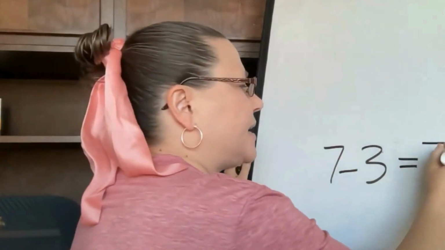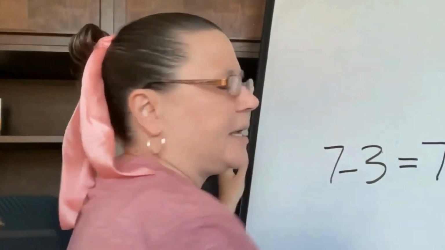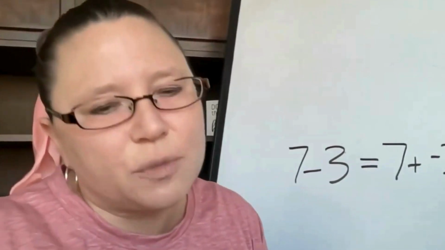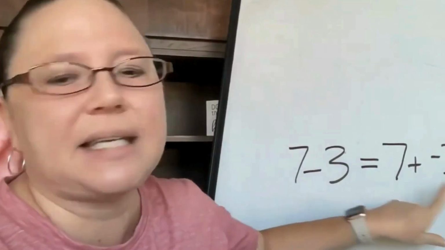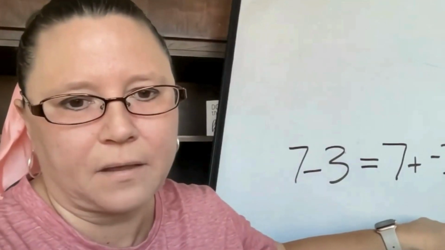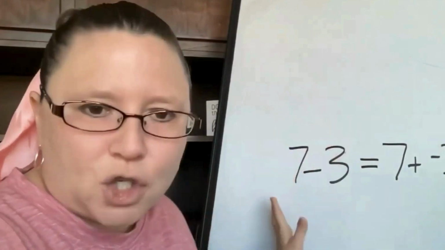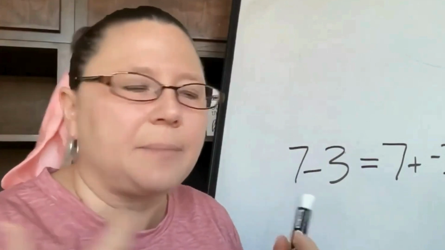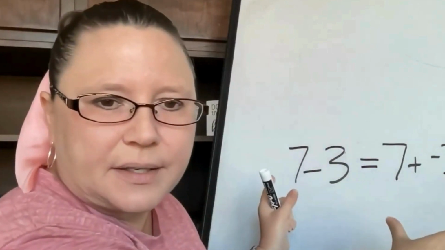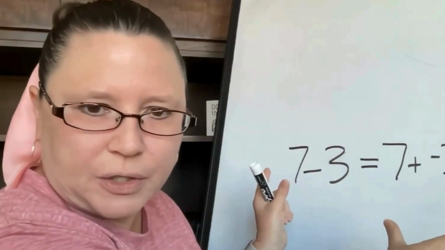And that is 7 plus negative 3. Now, there's actually lots of addition problems that give you the same answer, but if I'm going to use the same digits, then I can transfer subtraction to addition. And this becomes a concept of equivalence, not additive inverse.